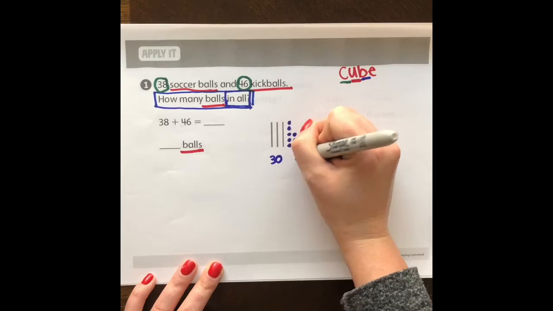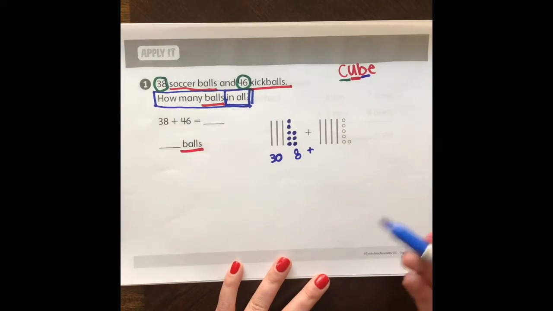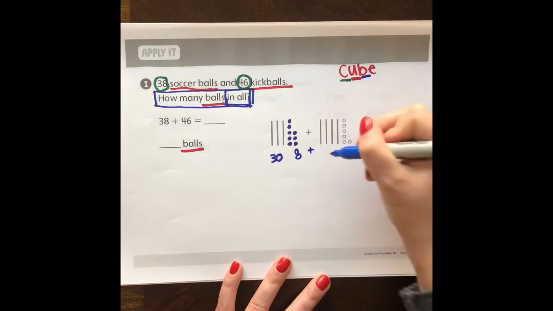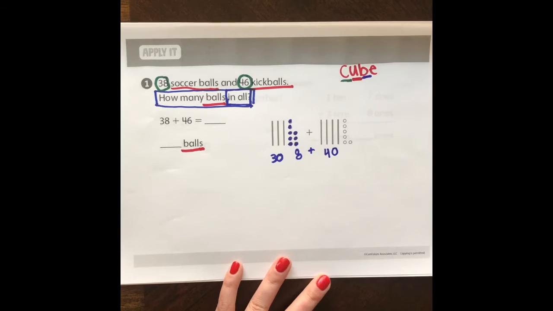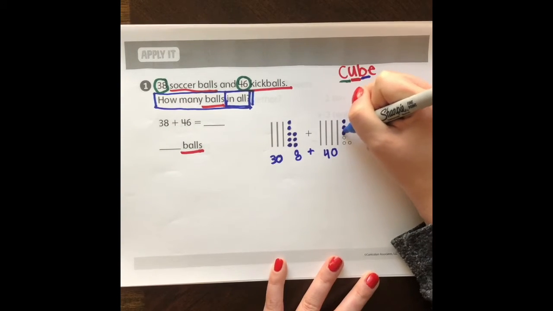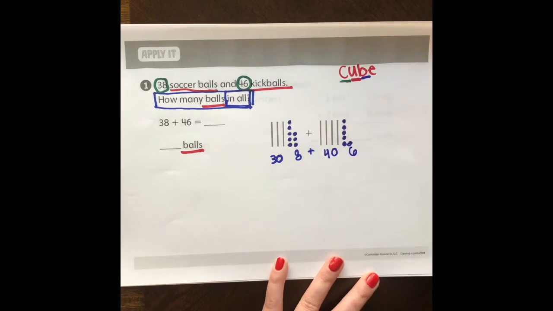And here we have an 8. Over here, let's count our tens. 10, 20, 30, 40. We have 4 tens there, and let's count our ones. 1, 2, 3, 4, 5, 6. 6 ones there.